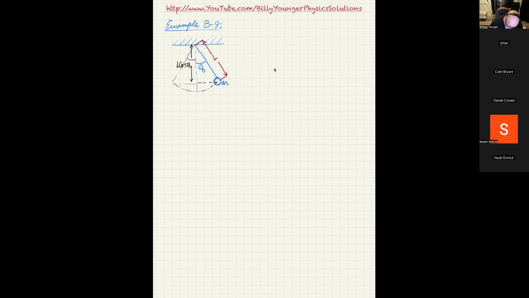What I'm going to do is work out what the potential energy is. I'm going to use U_i plus K_i plus work in is equal to U final plus K final plus work out plus E loss. This is another case where I'm going to ignore the work out, the work in, and the E loss.